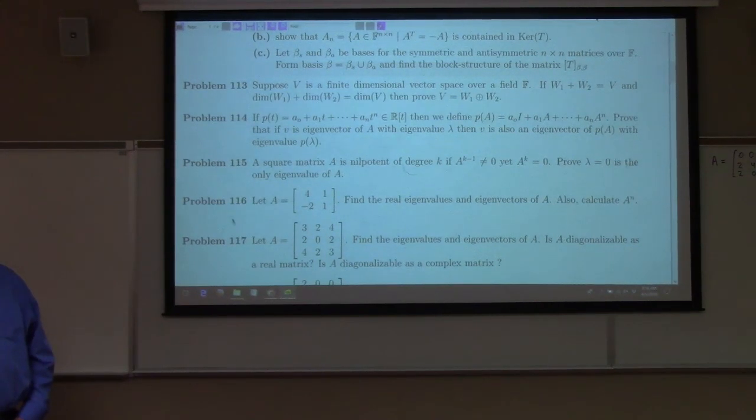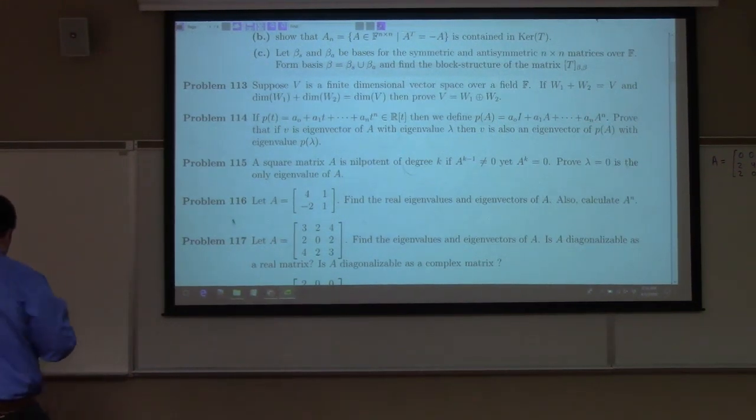Powers of an endomorphism make sense. And likewise, powers of a square matrix make sense, right? So if A is a square matrix, I can plug it into the polynomial, and that's a reasonable thing to do. And the point of this problem is to see that if V is an eigenvector of A, then it's also an eigenvector of this matrix.